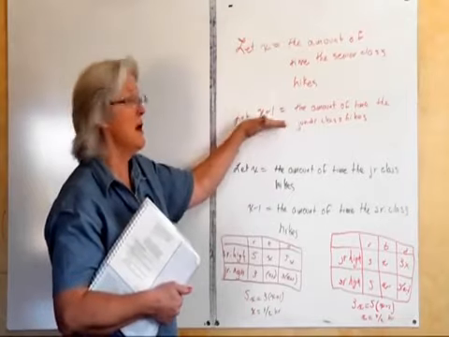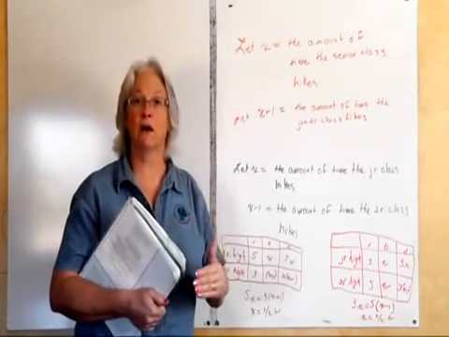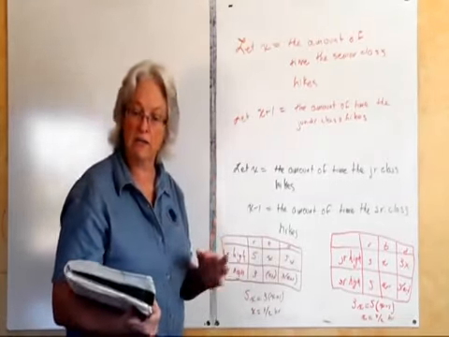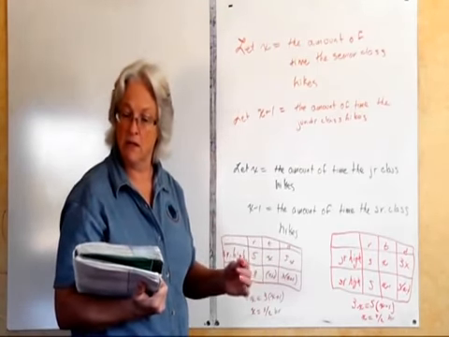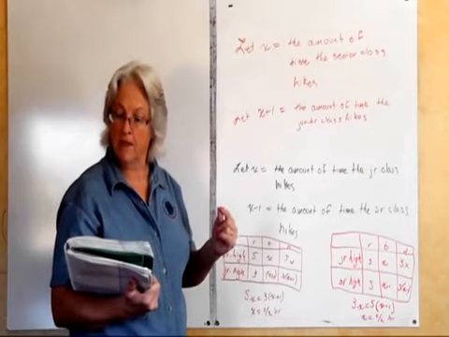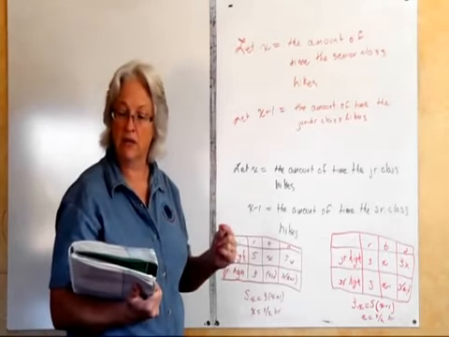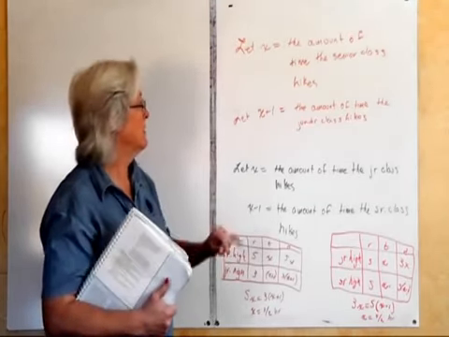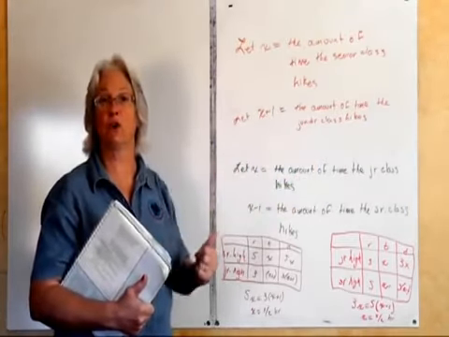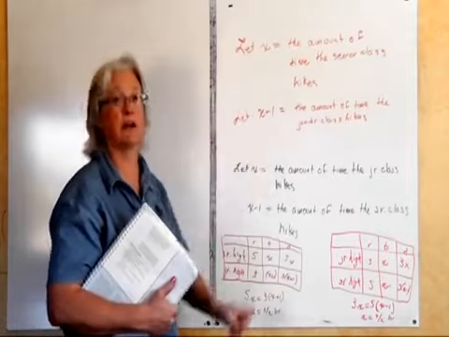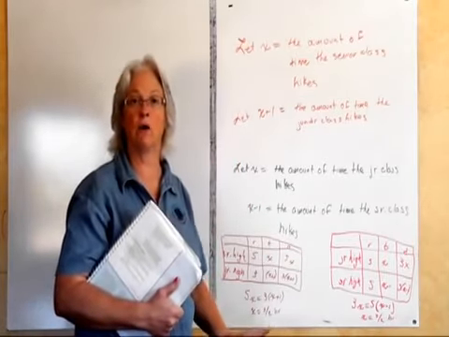And we said x plus 1 is the amount of time the junior high class hikes because our problem specifically tells us that the high school class leaves an hour later. So if the high school class left an hour after the junior high school class left, then the junior high class has obviously been traveling 1 hour longer.